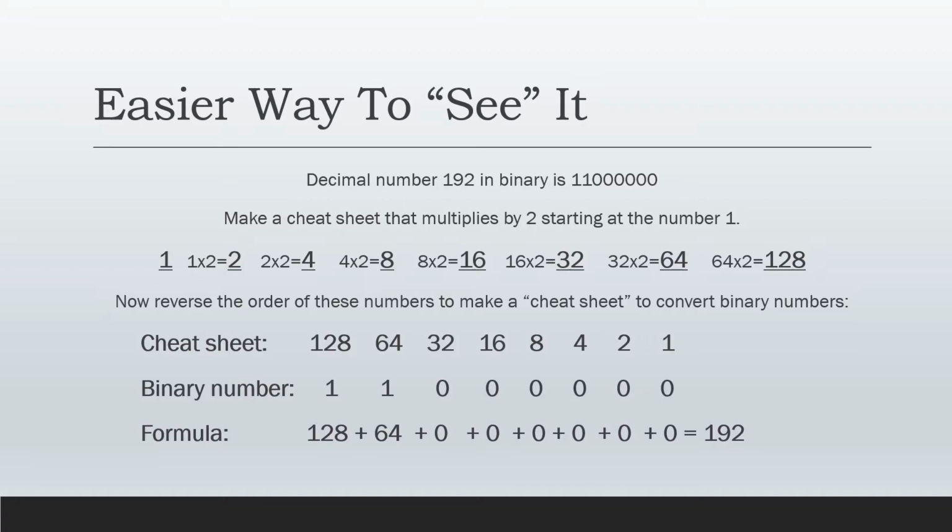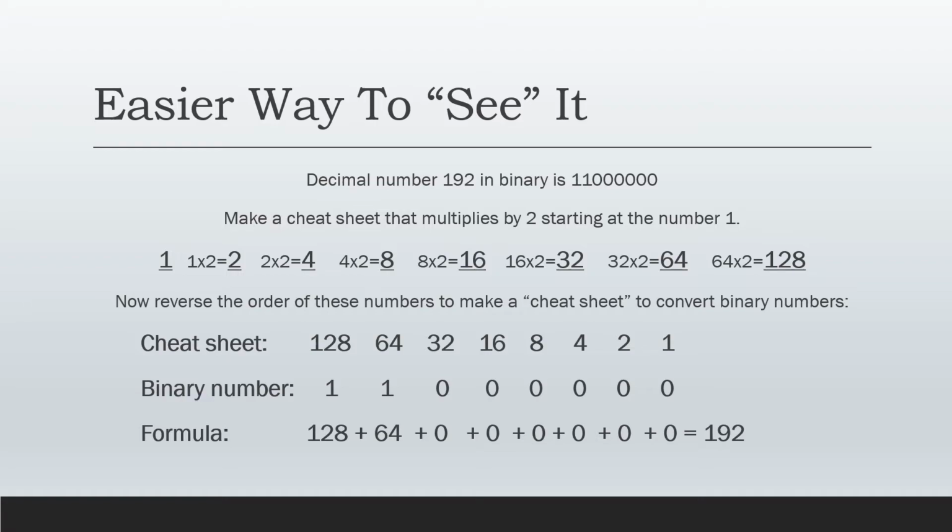An easier way to see it, from me anyway, hopefully this will work for you as well. Decimal number 192 in binary, which is the one we've just covered, 11000000. Make a cheat sheet that multiplies by 2 starting at the number 1. So 1, and then 1 times 2 is 2, 2 times 2 is 4, 4 times 2 is 8, and so on.